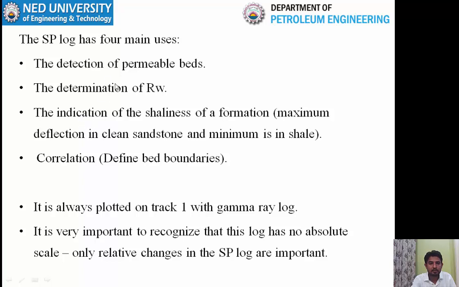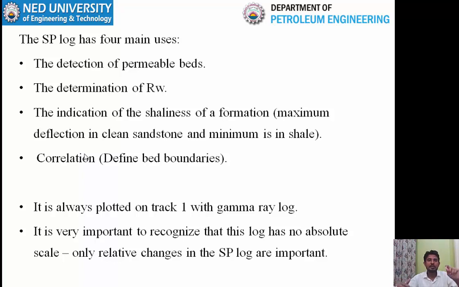So the first use is the permeable zone identification, the second use is the RW calculation, the third use is the volume of shale calculation, and the fourth use is correlation. And we know that correlation is also very important. If you have 4 or 5 or many wells in a given formation, you want to know the tops of each lithologies in each well.